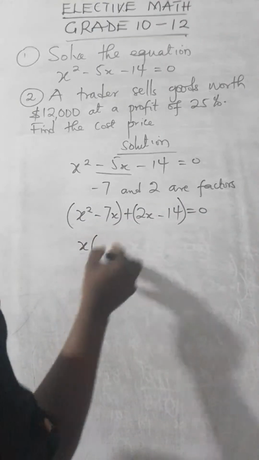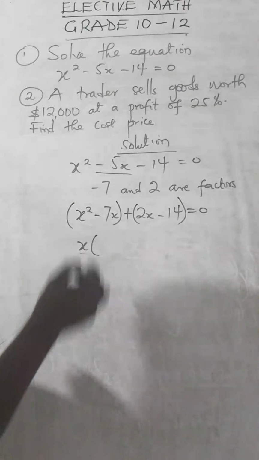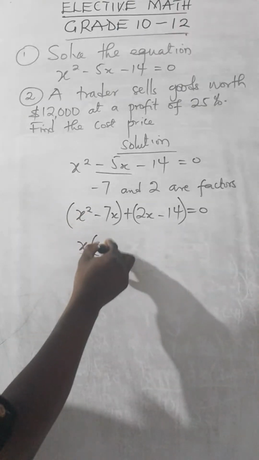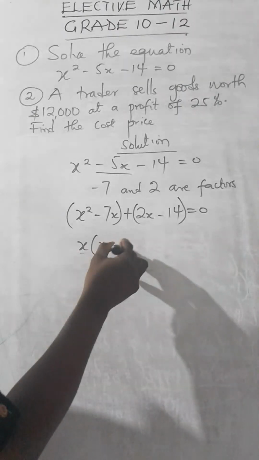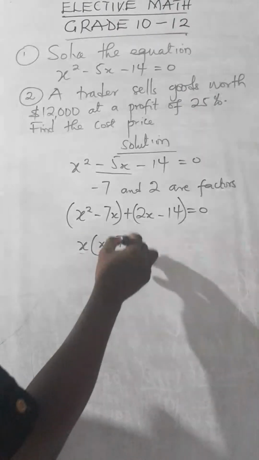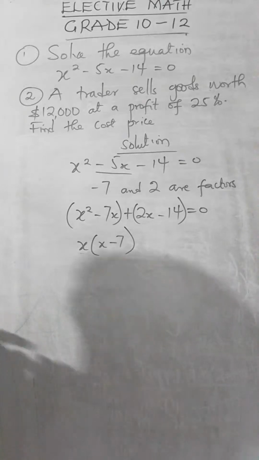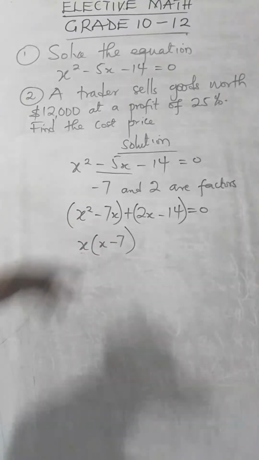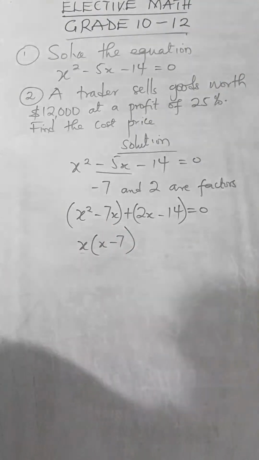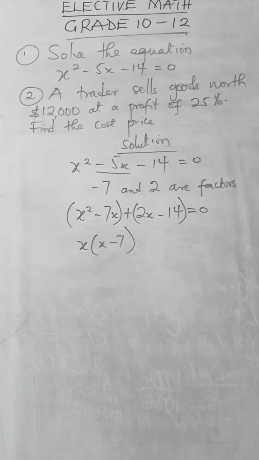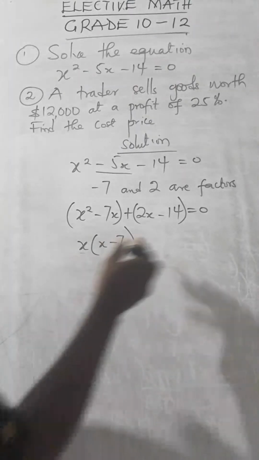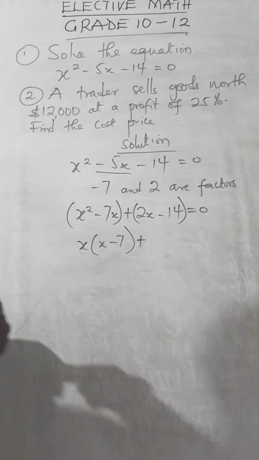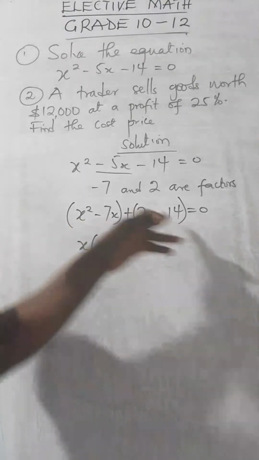Taking x out, x will be left here, so that's minus 7. Because this is x squared, you are left with x. Then you take x, and here is left negative 7.